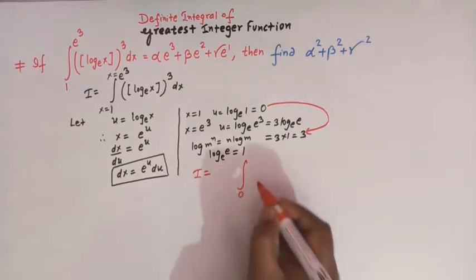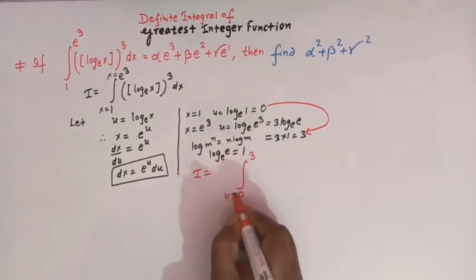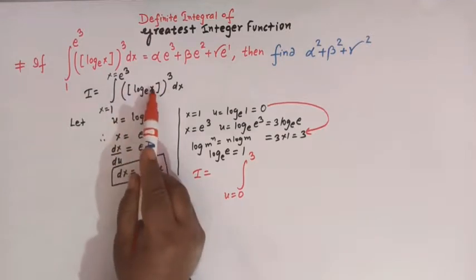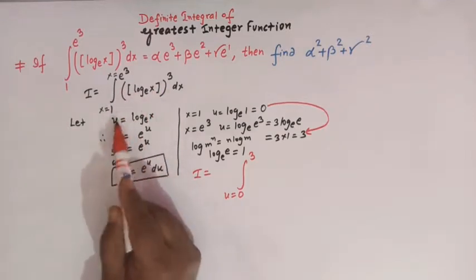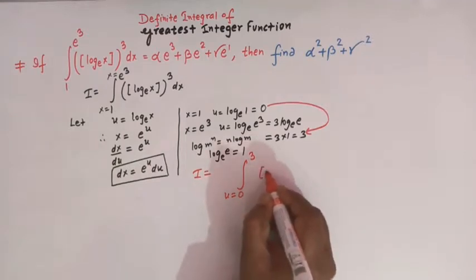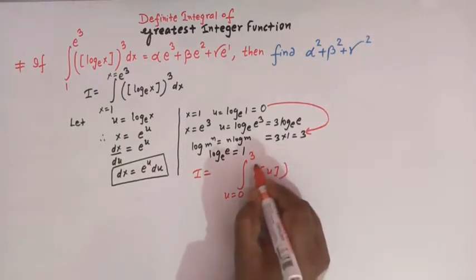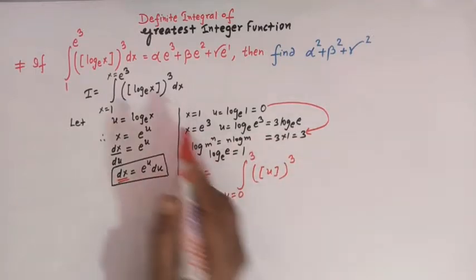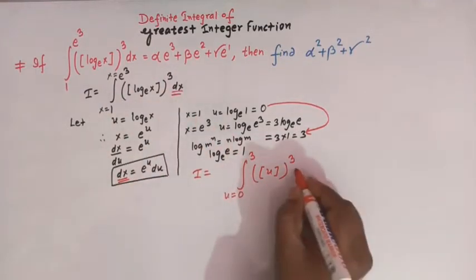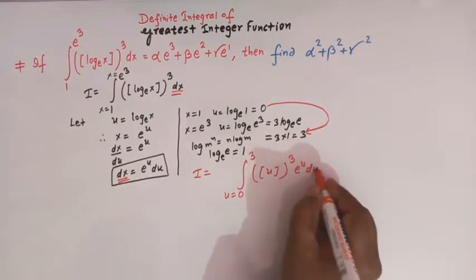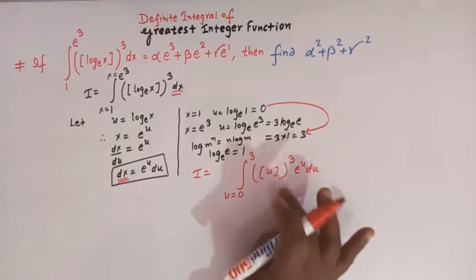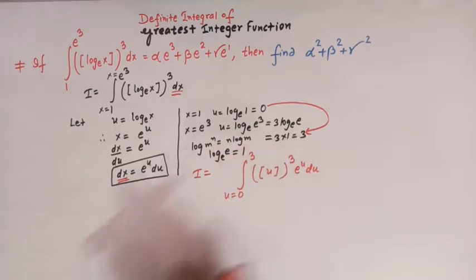So we have 0 and 3, and the greatest integer of log x to the base e can be written as greatest integer u, whole cube, and for dx we can write e raised to u du. Okay, so now we have to evaluate this integral.